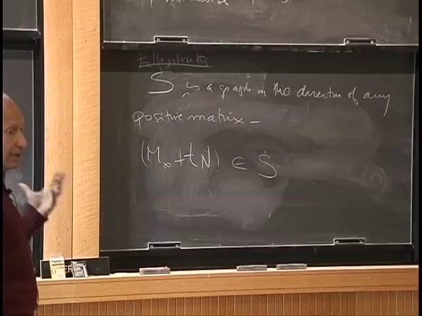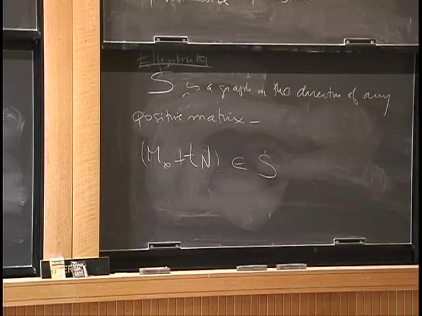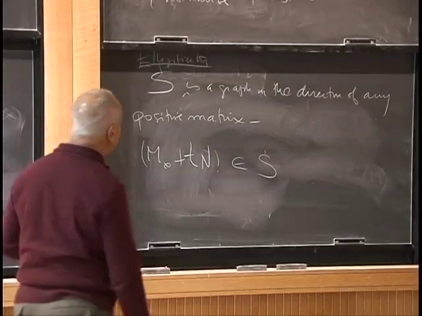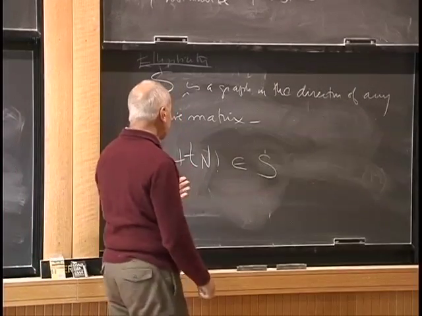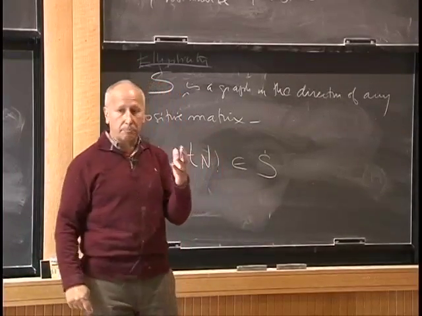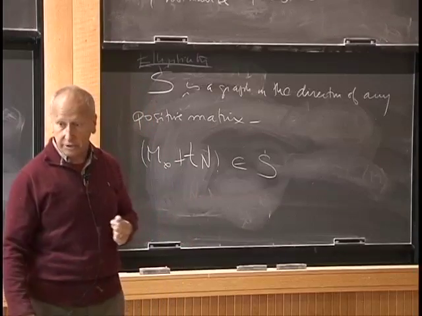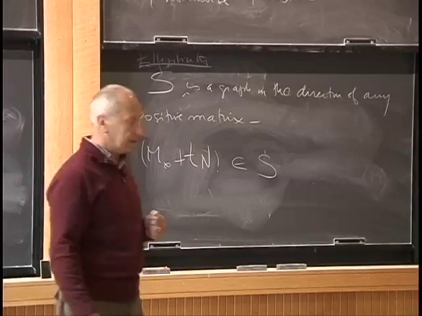In fact, uniform ellipticity means that this is still a graph in the direction that is a positive direction plus a small negative direction. Okay.